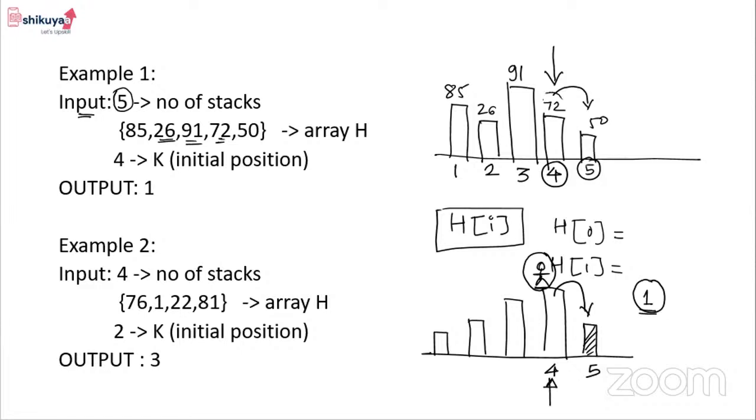Now Bob is standing on a stack having height 72, so he cannot jump onto the stack to his right, which has height 50. So how many stacks can Bob jump, including his current stack? He cannot jump to the next stack, therefore the output is 1. 1 is nothing but his current stack position, including that.